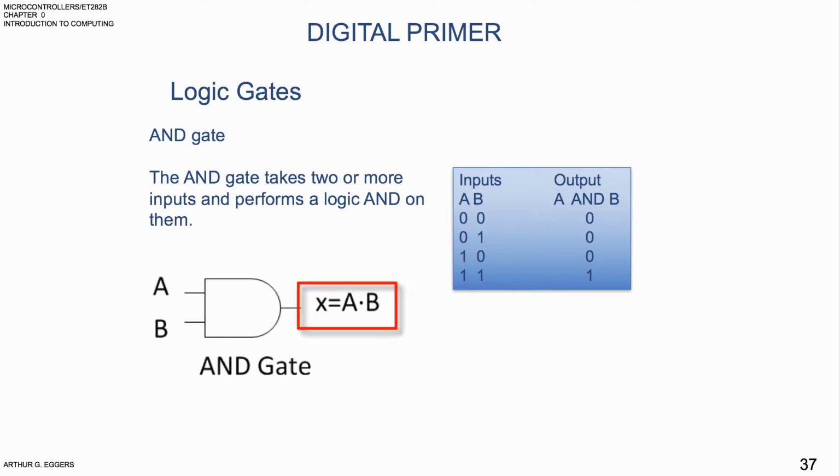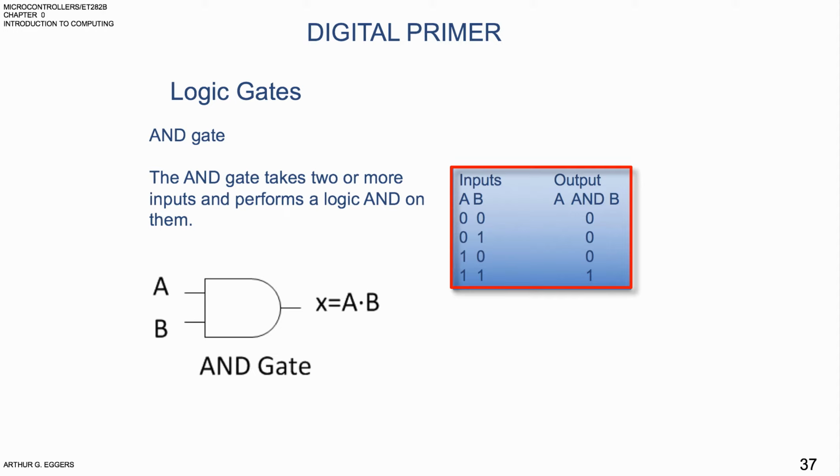We always start with the AND gate. The AND gate is represented by that diagram, and the logic representation is X equals A and B. The idea behind an AND gate is you need two highs to make a high. Any low gives you a low. So the AND gate takes two or more inputs and performs a logic AND on them.